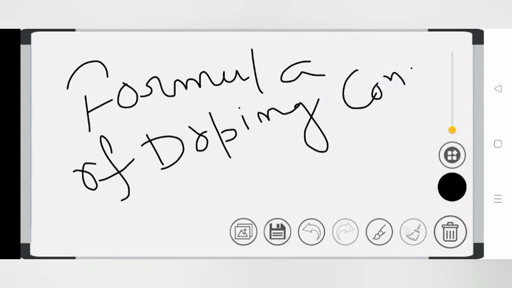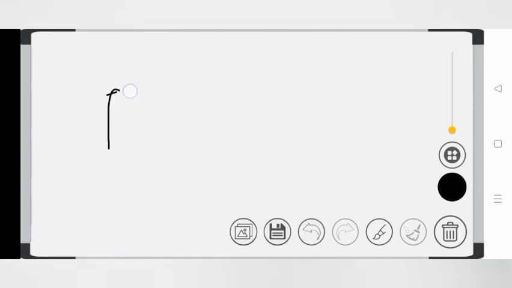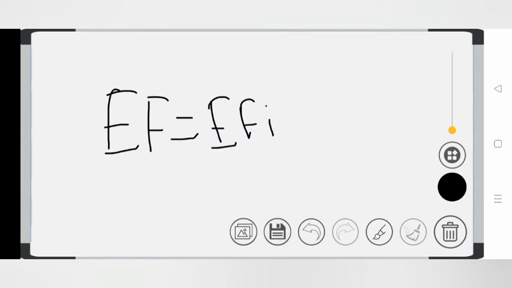What is the formula of doping concentration? It is E_F equals E_Fi minus kT.